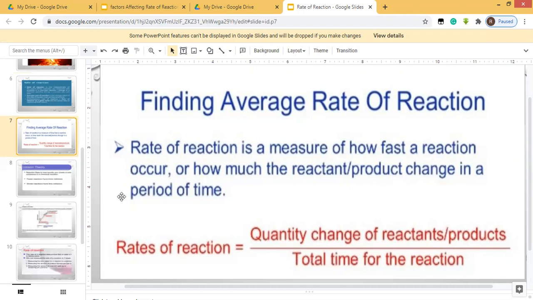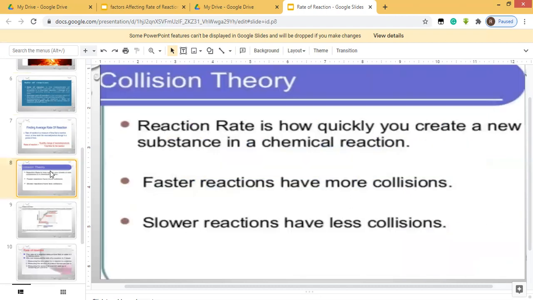So to understand all this, we need to recall collision theory. What collision theory says is that, in order to react with each other, particles must collide in the correct orientation and with sufficient energy. The particles might be atoms, ions, or molecules.